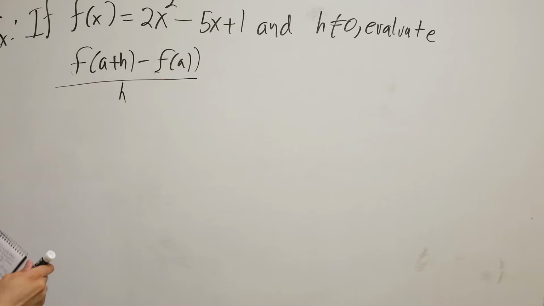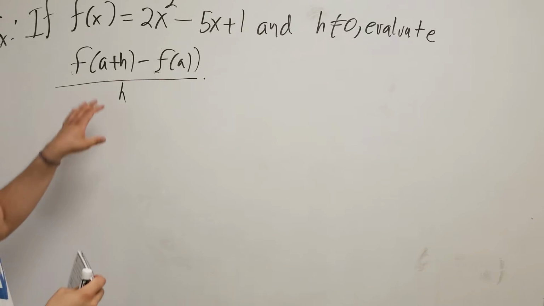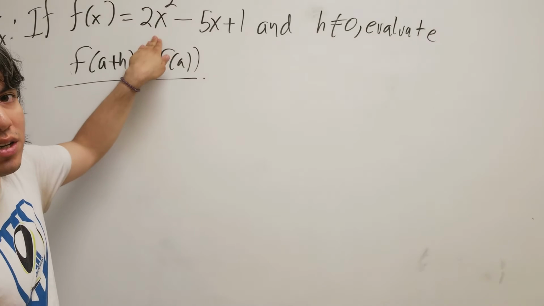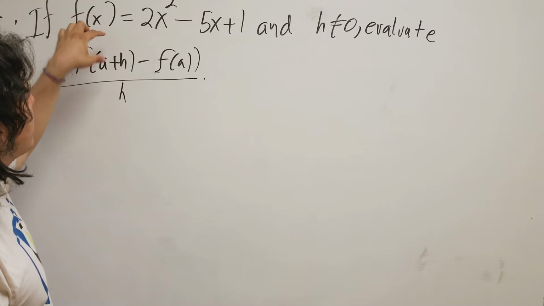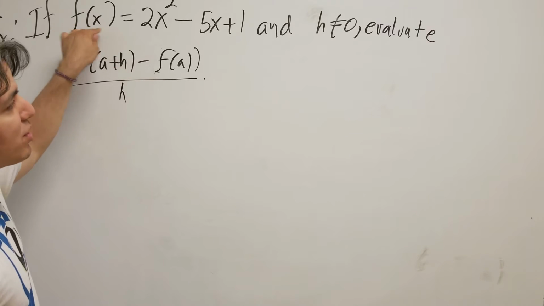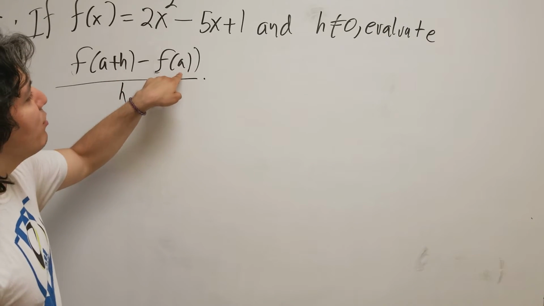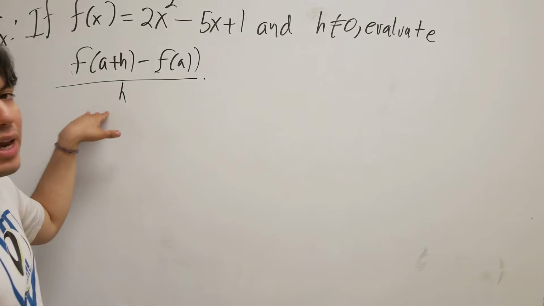So pretend that this thing here is the element that you want to put into this machine. Wherever we see an x, we're going to put this element here, a plus h, into this machine. But we're also going to subtract f of a, putting a where we see x's, and then we're going to divide everything by h.